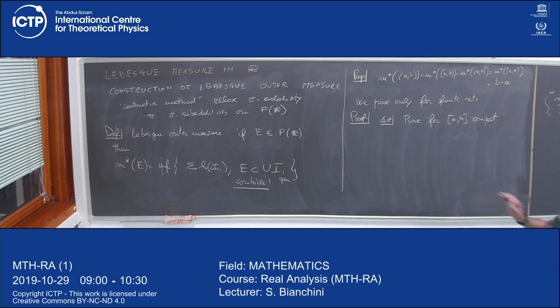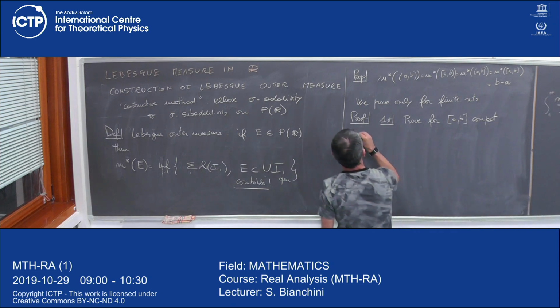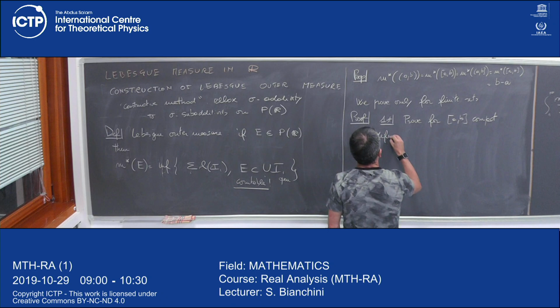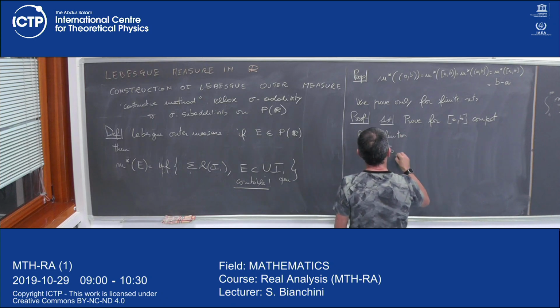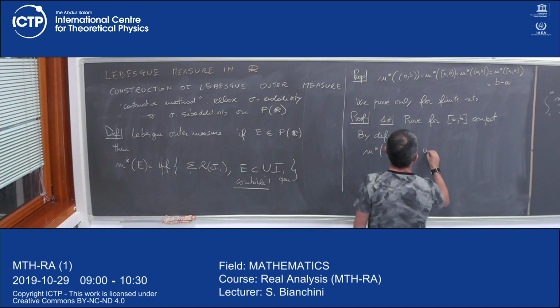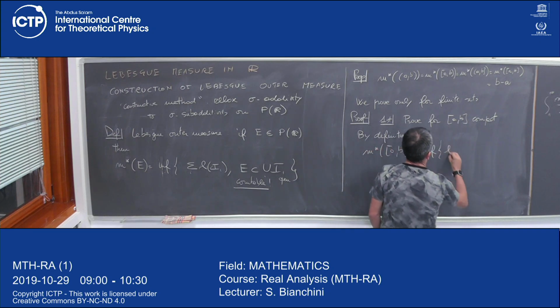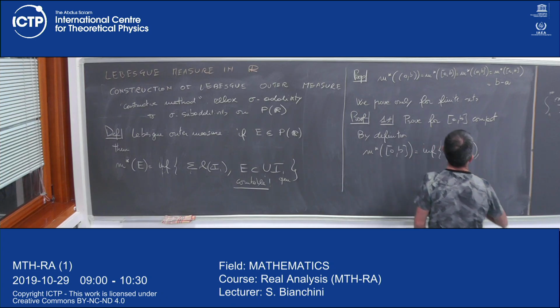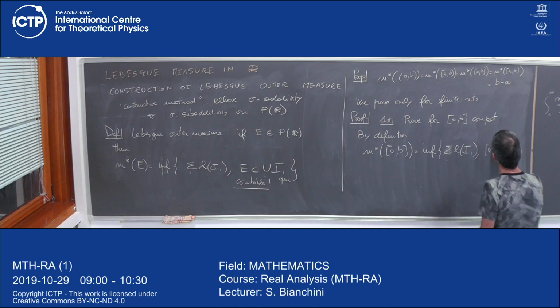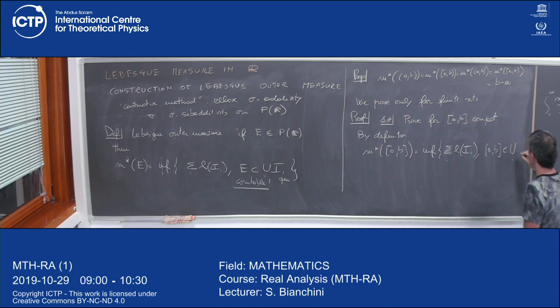Okay, so I need to apply the definition. M star is the infimum of the sum of the lengths of the intervals, countably many intervals, such that the set is contained in the union of these open intervals.